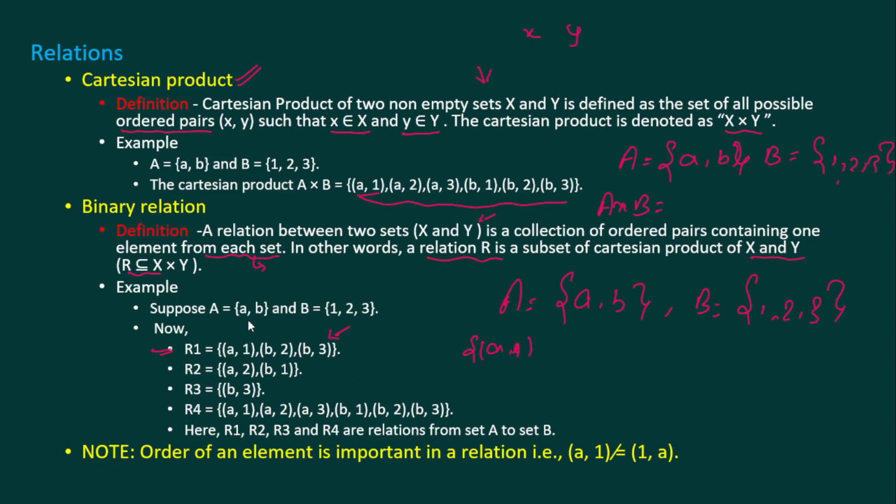So we can see that we have one element from each set. Same in R2, R3 and R4, we have one element from each set.